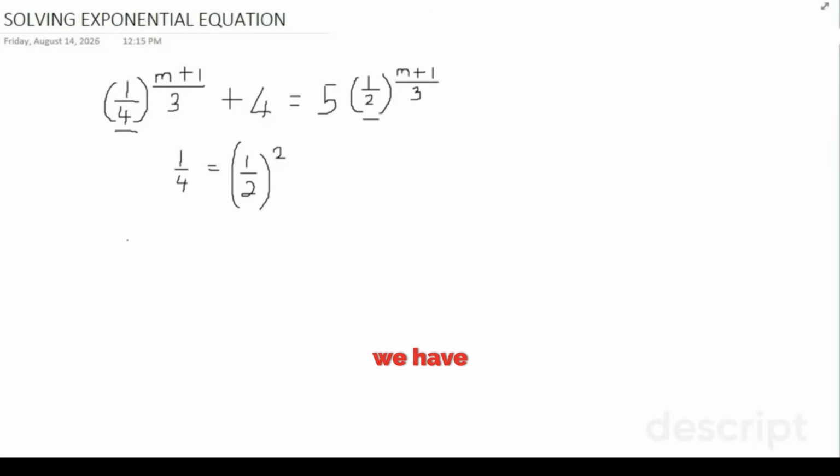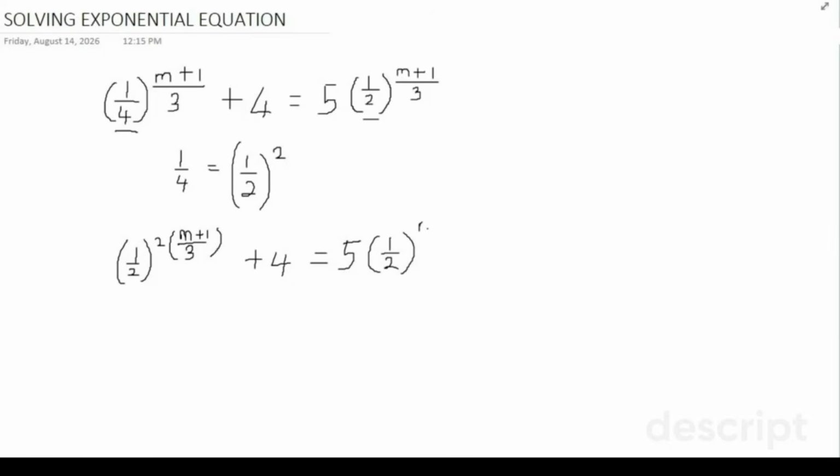This 1 over 4, as we have said, we'll write it as 1 over 2 raised to power 2, then times m plus 1 divided by 3, plus 4 equals to 5, open bracket, 1 over 2, m plus 1 divided by 3.